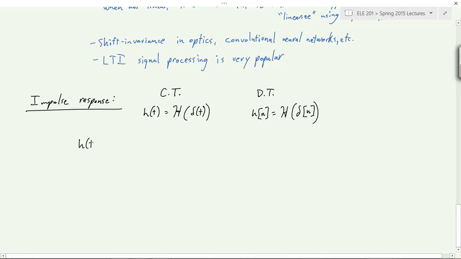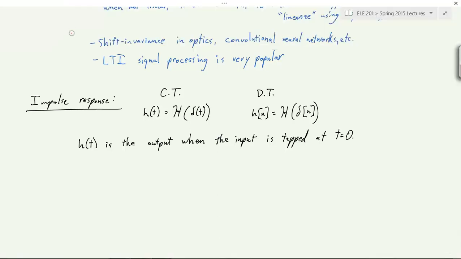Now, the cool thing is this. h of t, this isn't the cool thing. This is just restating what it is. All right. So think of a delta function as a tap, right? If this was some physical system, what would a delta function be? It would be some tap at time 0. So you say, what does the system do if I tap it? Now, here's the neat thing.